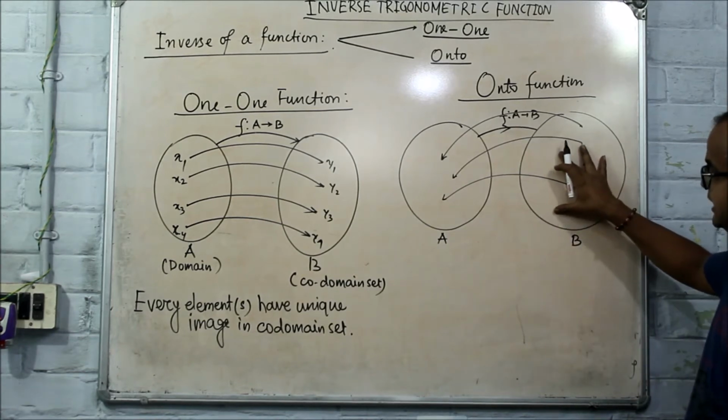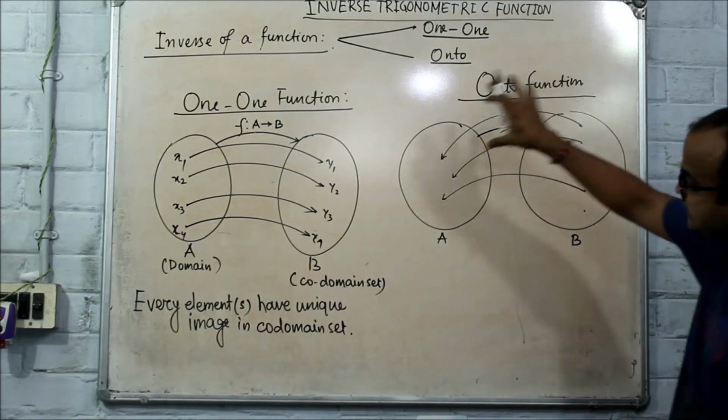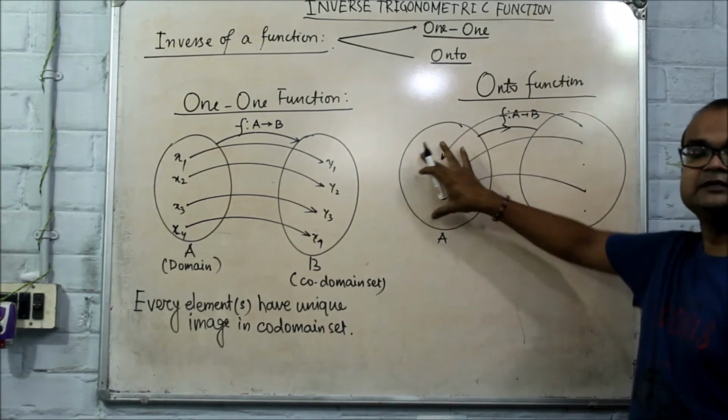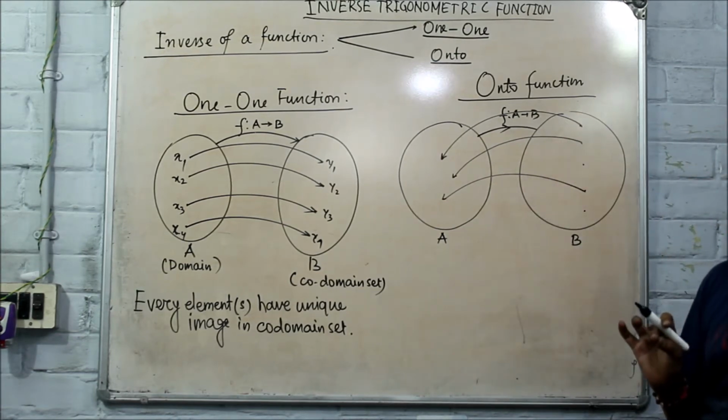If every element of the codomain set has its pre-image in the domain set, then the function is said to be an onto function.